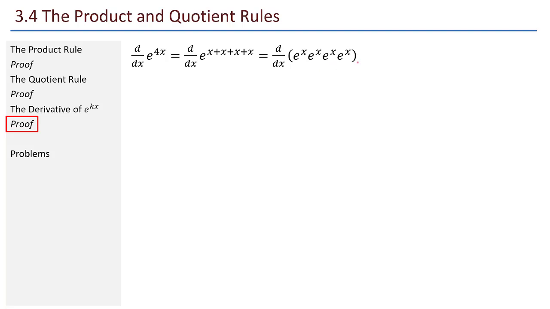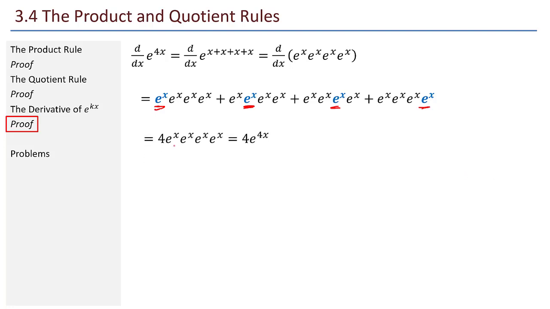And now I can use my rule for the derivative of the product of 4 factors. So in the first term, this first factor has its derivative taken, but of course the derivative of e to the x is just e to the x. And so on in the second term, and the third term, and the fourth term. Of course, taking the derivative of e to the x just is e to the x again.